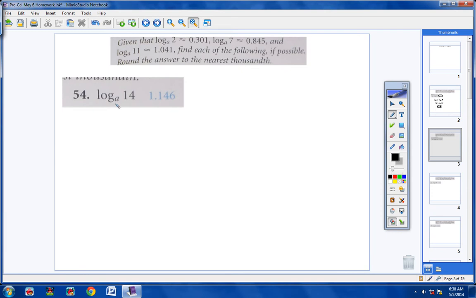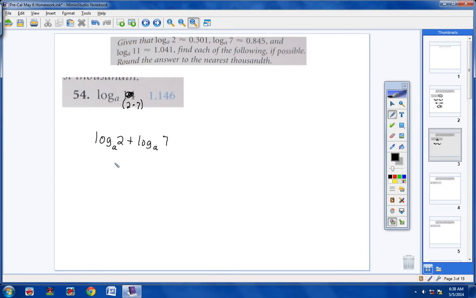Okay, log base A of 14. Now we don't know the log of 14, but notice we do know the log of 2 and the log of 7. So instead of putting a 14 here, I'm going to put 2 times 7, which is the same thing as 14. Whenever your argument is a product, you can split that up into 2 logarithms: log base A of 2 plus the log base A of 7.